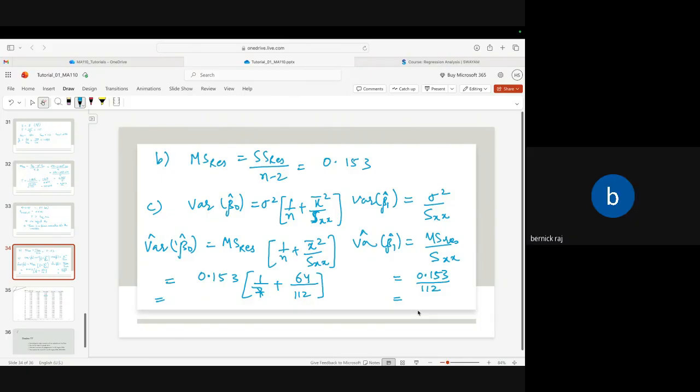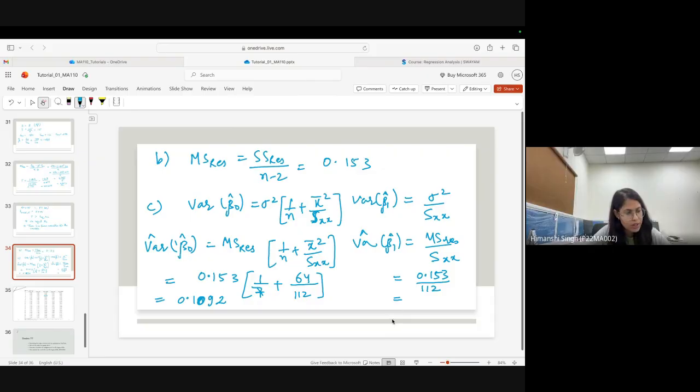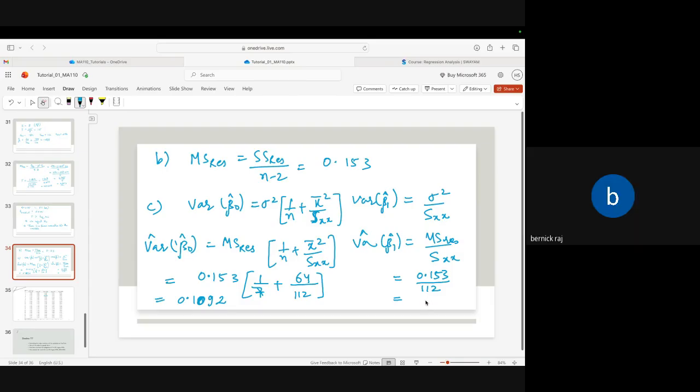Variance hat of beta naught hat is 0.1092. Yes, 0.1092. Okay. And for beta 1 hat, 0.0013.